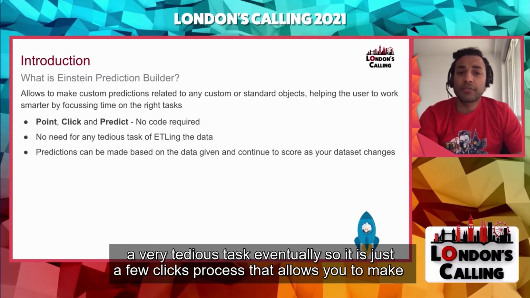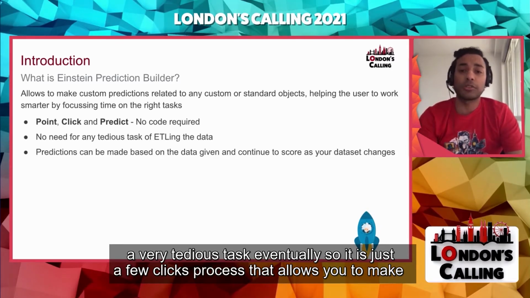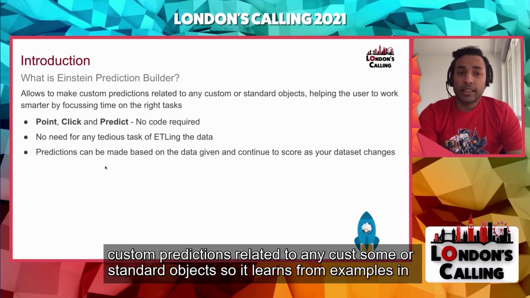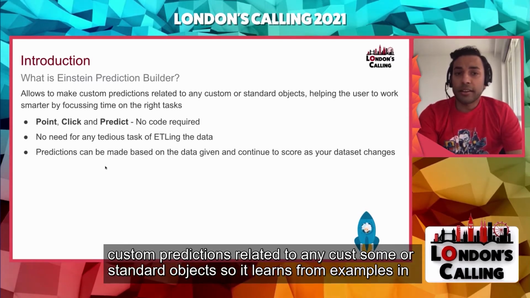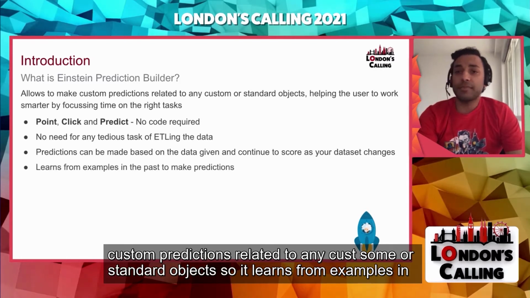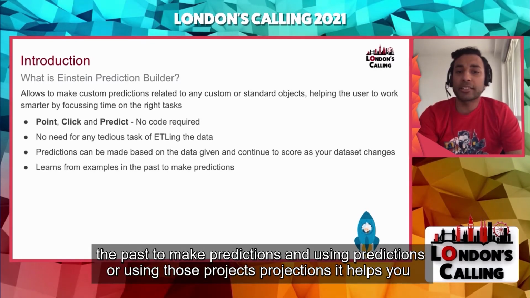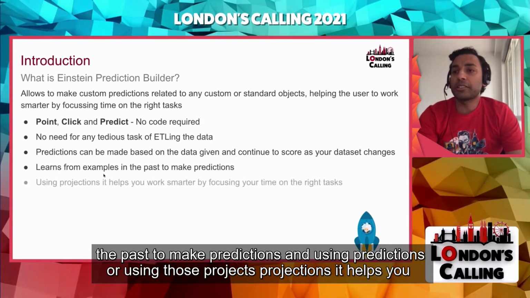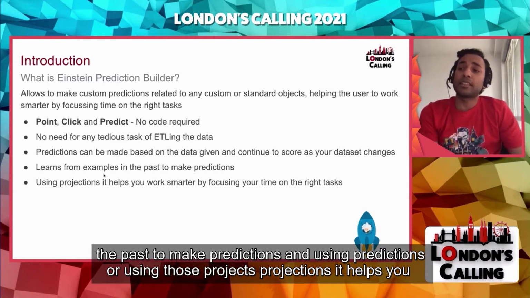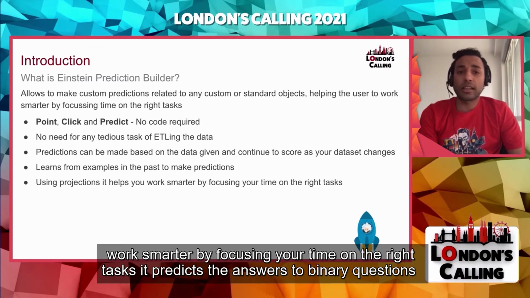It is just a few clicks process that allows you to make custom predictions related to any custom or standard objects. It learns from examples in the past to make predictions, and using those projections, it helps you work smarter by focusing your time on the right tasks.